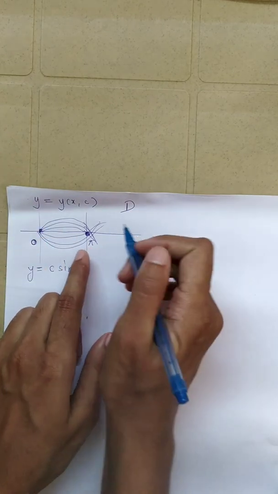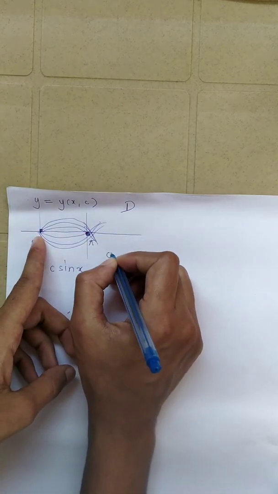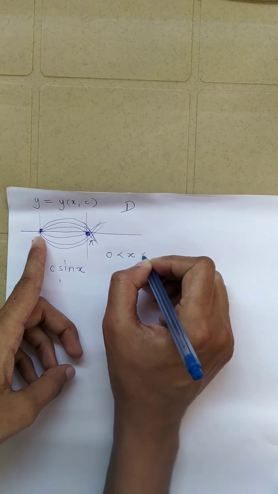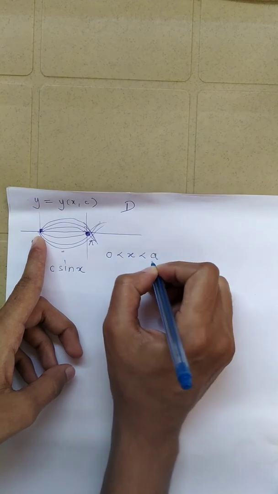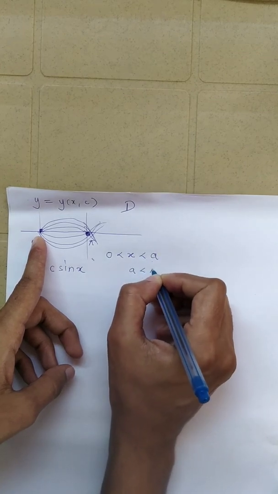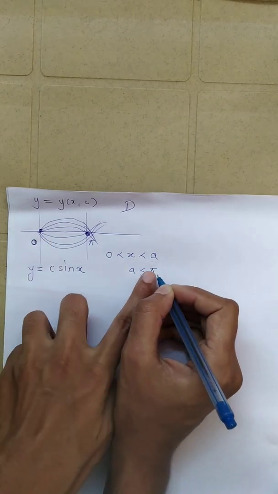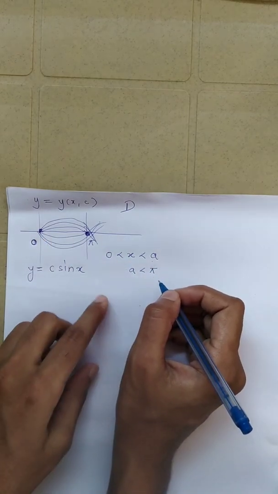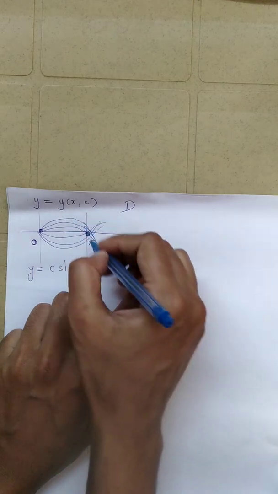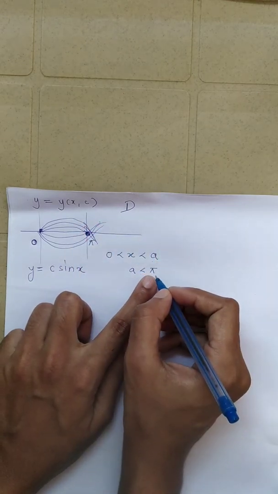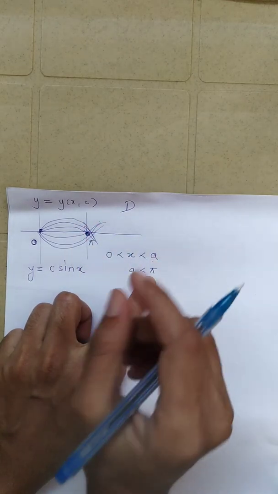When we were considering the region 0 less than x less than a, where a is strictly less than pi, it is because if we include pi, then at the point pi the curves are intersecting, and this point pi is different from the center.